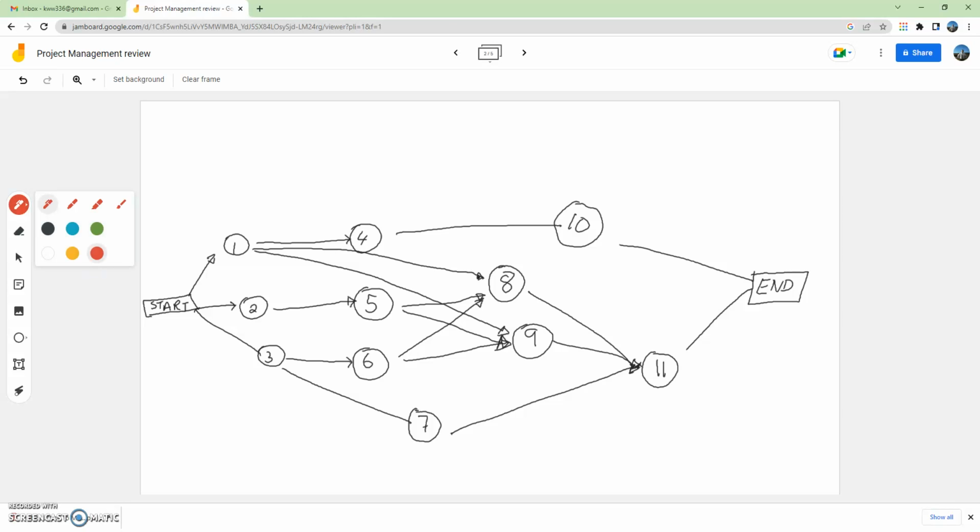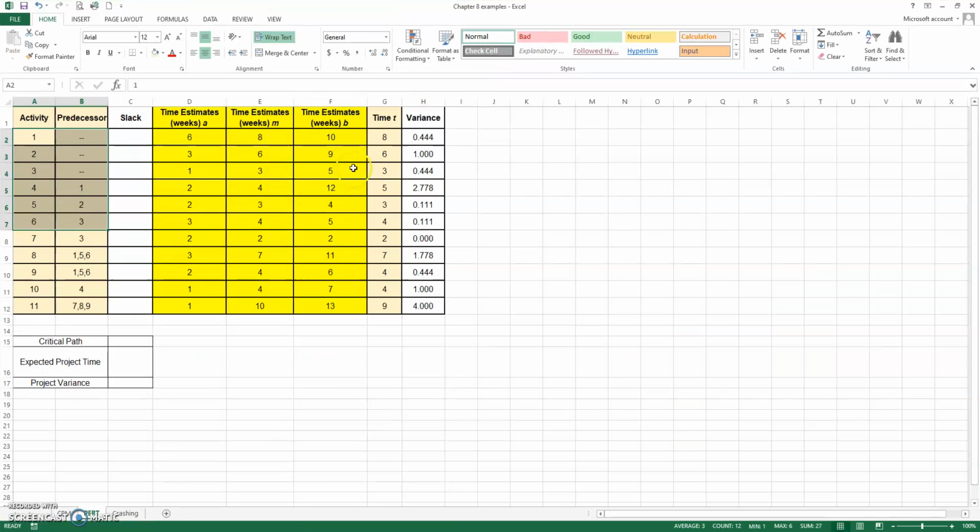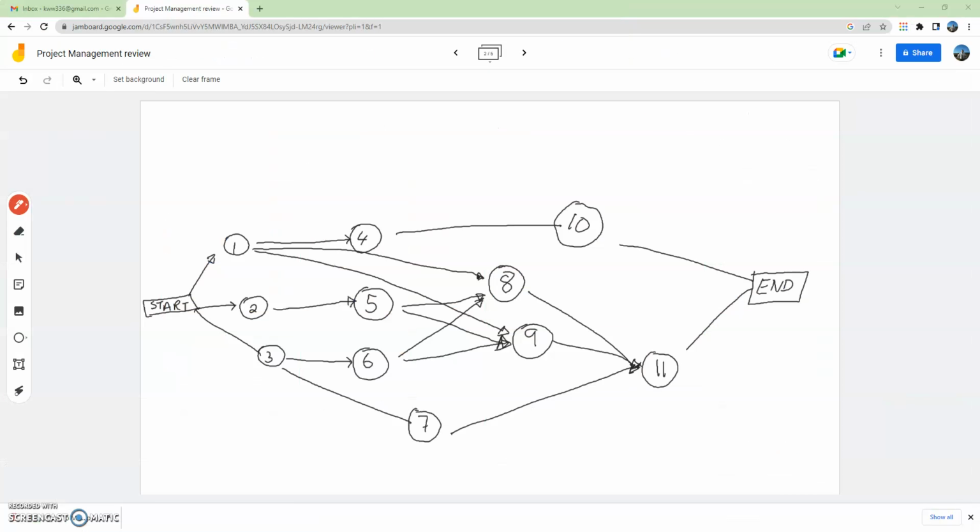Now, I will do the earliest times based on the projected time. So back in our project guide here, we have activity 1 with a time period of 8, activity 2 with an expected time of 6. We're going to draw this in now. Zero and 8, 0 and 6, and then activity 3, 0 and 3.